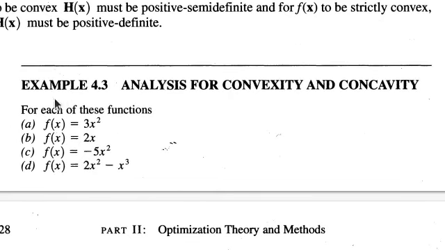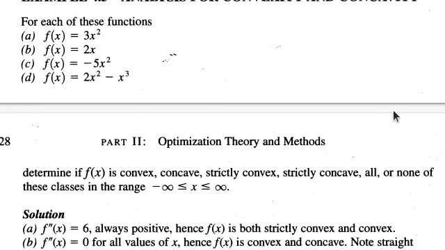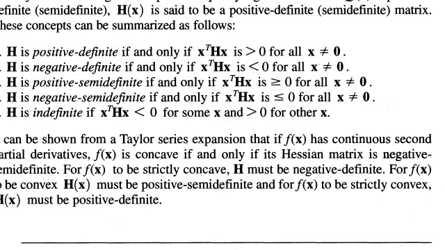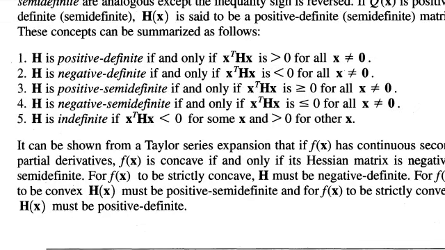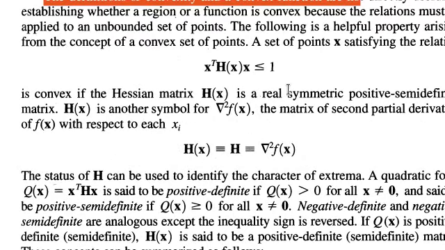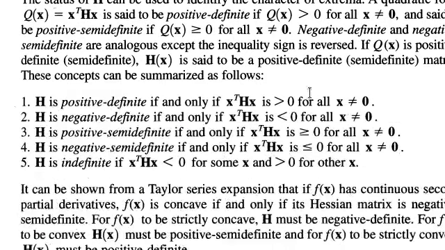So this is example 4.3, analysis for convexity and concavity. You have to analyze whether this function is convex or concave, and what about this function, and what about this function. So there are mathematical rules like this. These are the mathematical rules. This way it is decided whether the function is concave or convex.